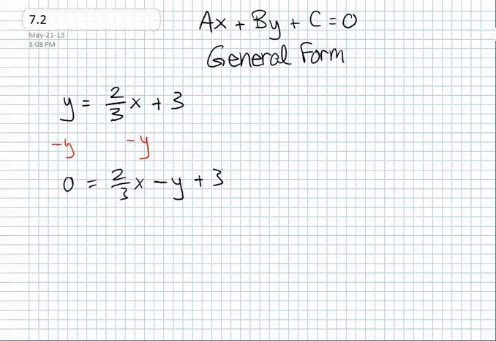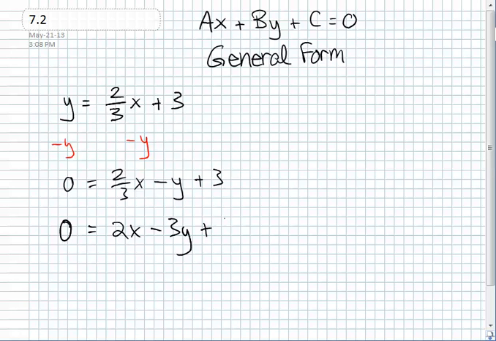So I need to get rid of my fractions, and I can do that by simply multiplying everything by the lowest common denominator. It's really easy when there's only one denominator, because the only denominator I have is 3. So I'm going to multiply everything by 3. So 0 is equal to 2 over 3 times 3, which is just 2x, and then minus not y, but 3y, and plus not 3, but 3 times 3, so 9. So there you go. Sometimes we need to multiply by a common denominator.